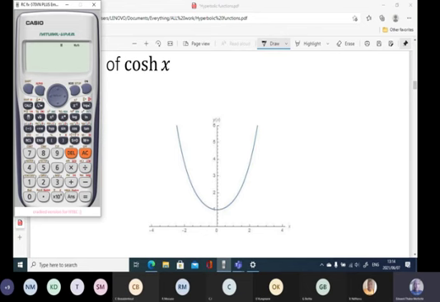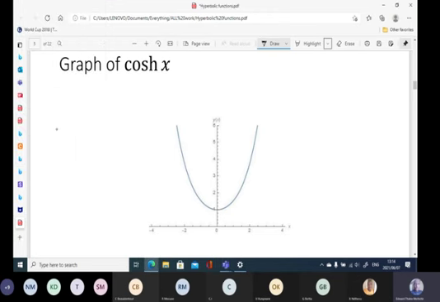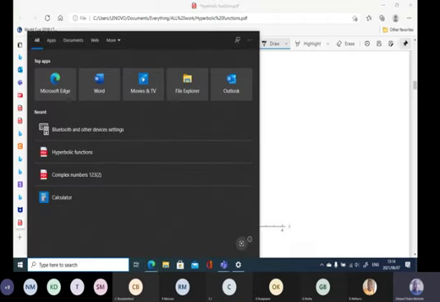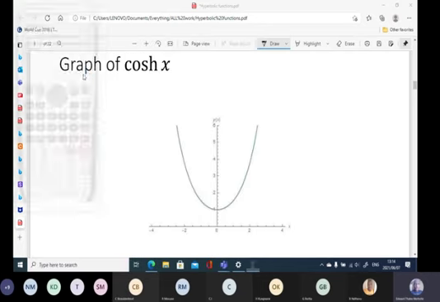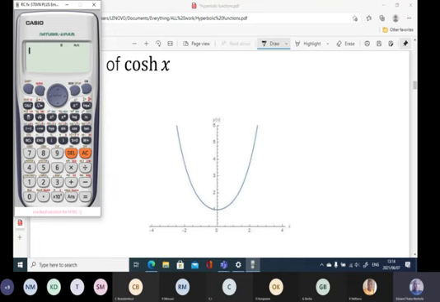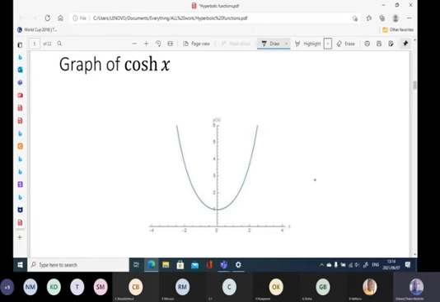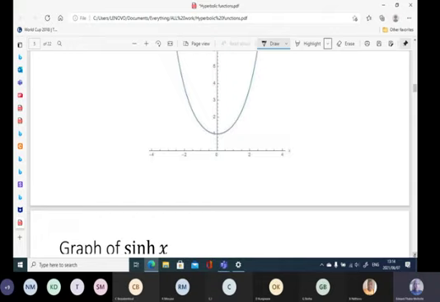If you want to get the cosh in your calculator, you click hyperbolic and then sine. I cannot use it here, but that's how you get that from the calculator. The graph looks like that.